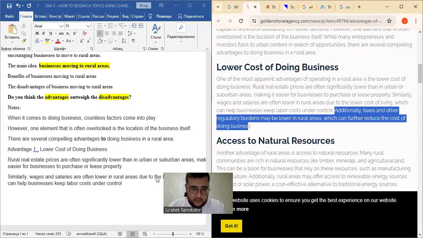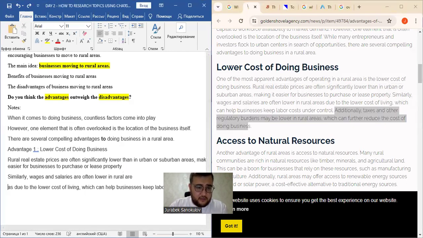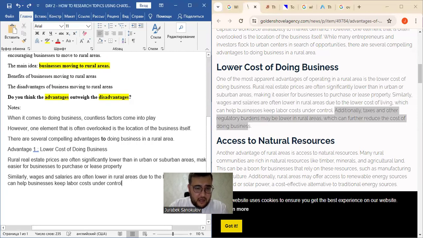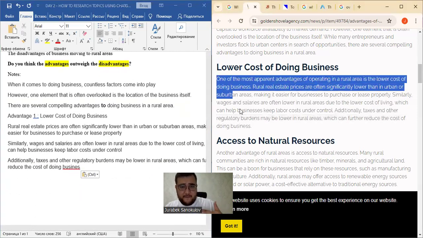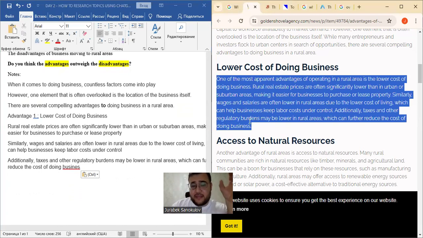I'm going to copy this as well. So you should basically aim for this, because look at this. This is going to be a band 9 paragraph if I just copy and paste it. This is going to be a band 9 body paragraph because it uses very good chunks of language.